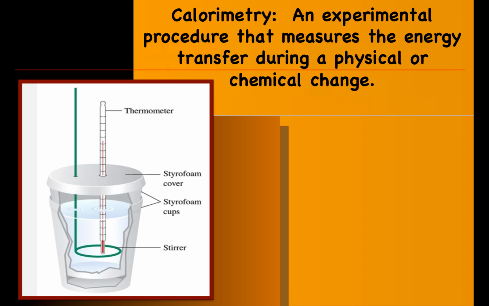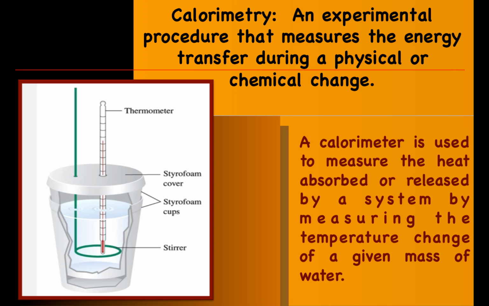Calorimetry is an experimental procedure that measures the energy transferred during a physical or chemical change. A calorimeter is used to measure the heat absorbed or released by a system by measuring the temperature change of a given mass of water.